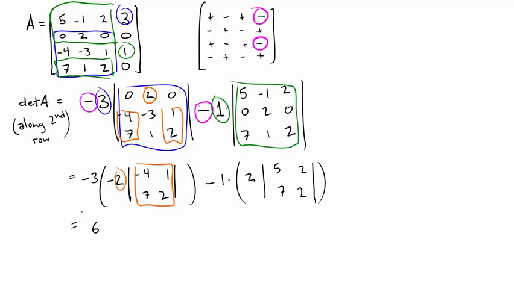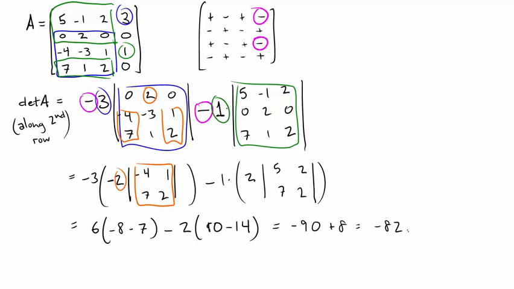So here we'll have minus 3 times minus 2 will give 6, minus 4 times 2 is minus 8, minus 1 times 7 is minus 7, and then minus 1 times 2 is 2, and then 5 times 2 is 10, minus 7 times 2 is 14, and this will simplify to give minus 90 plus 8 is minus 82.